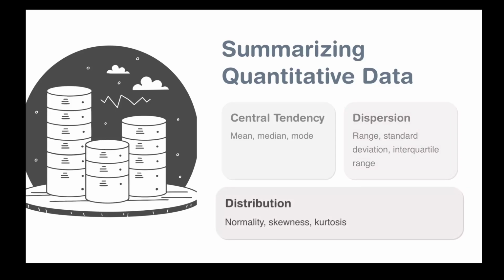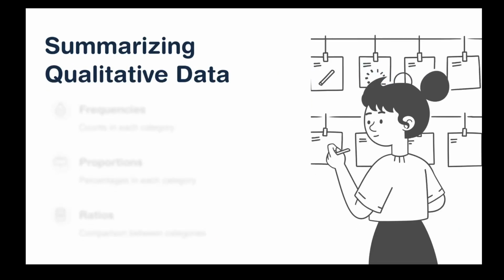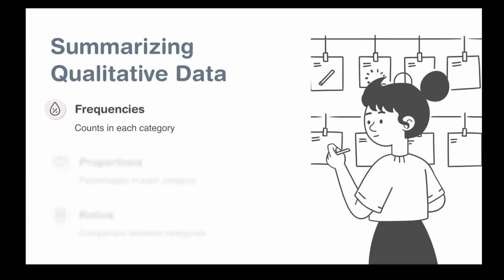And after this, we will overall assess the distribution, whether it is normal or skewed. We'll also check for the kurtosis as well. Qualitative data usually will have frequency counts in each category.